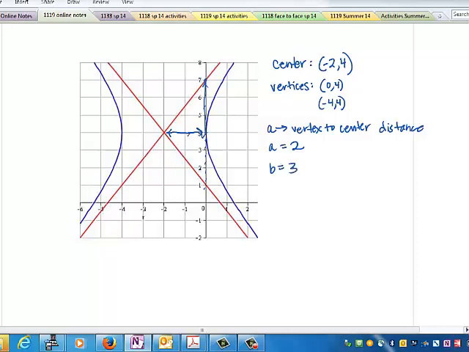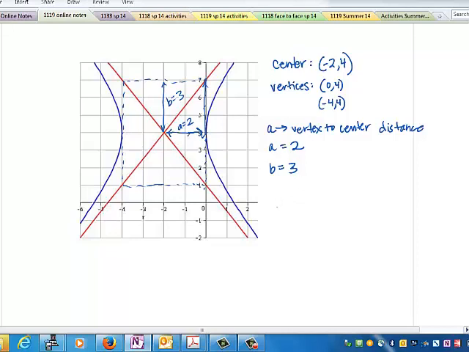So if we picture that central box and sketch it in, we can tell this distance here is 3. So for the equation, that's really all we need to know, the center and the values for a and b.